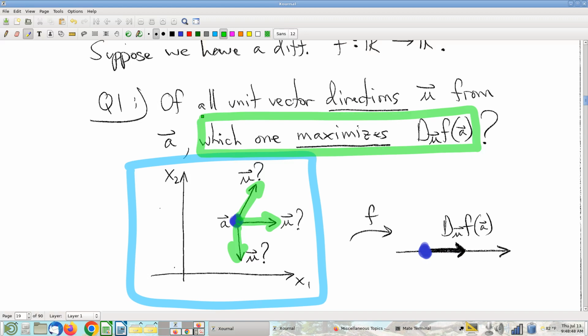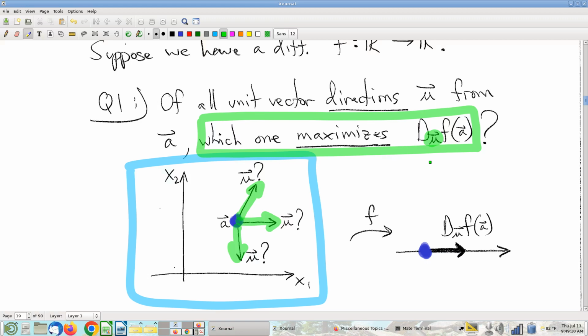Why is that natural? Well, after all, if I'm moving in a direction, the directional derivative is the thing that tells me how fast the function is changing. So look, maybe I'm cold and I want the temperature to increase as fast as possible as I walk, for example. Does that make sense?